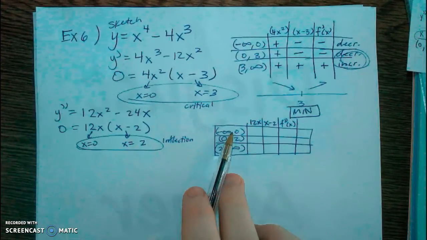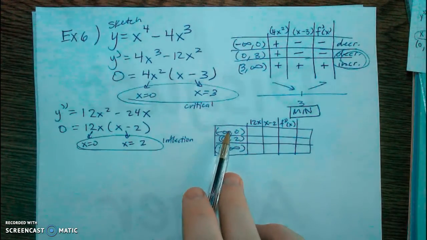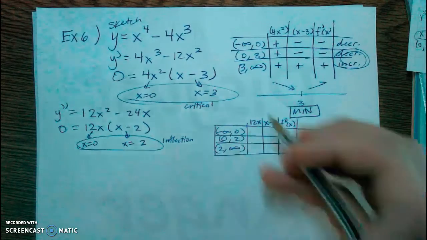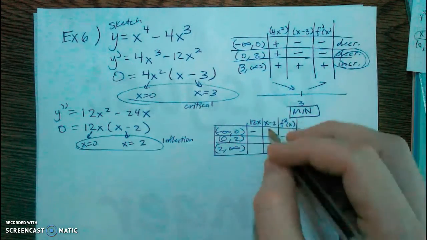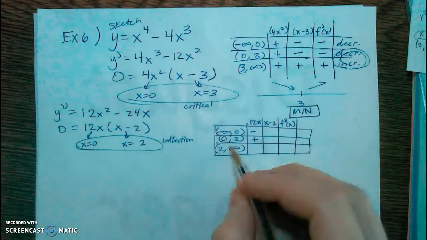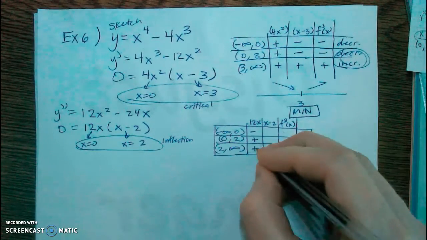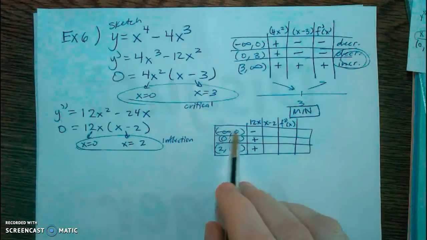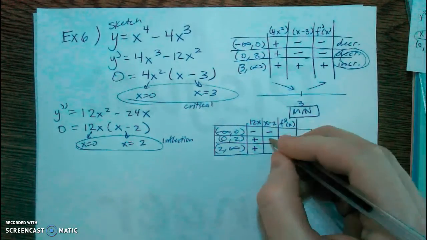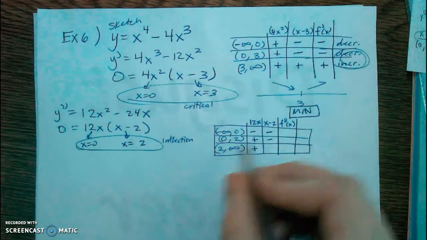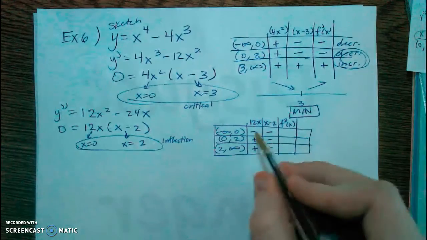So if I test a number between negative infinity and 0, say negative 10, this will be negative. And if I test 1, it would be positive. And if I test 10, it'll be positive. And then our next factor, if I plug in negative 10, it'd be negative. If I plug in 1, it'll be negative. And if I plug in 10, it'll be positive. We multiply these.